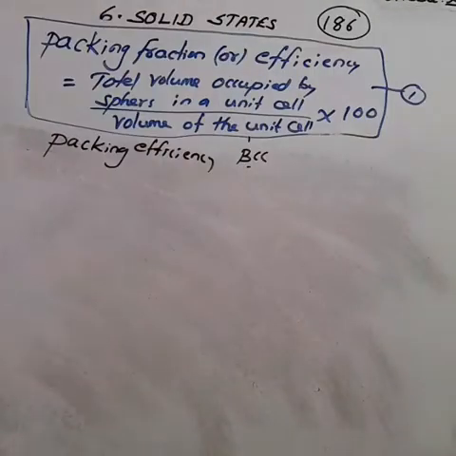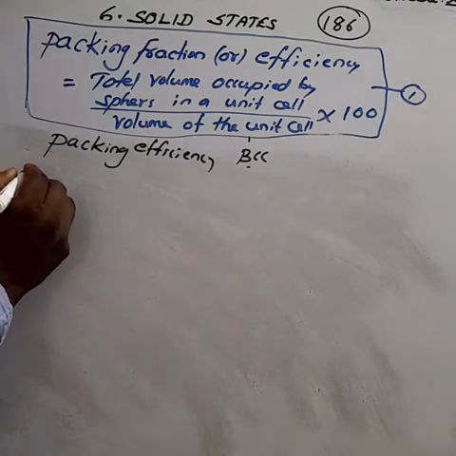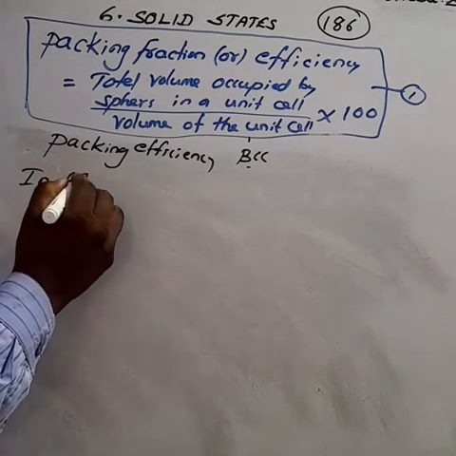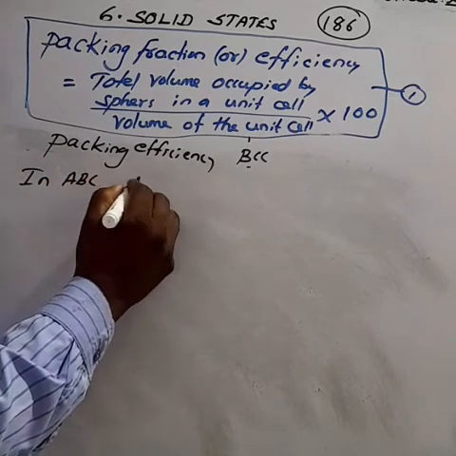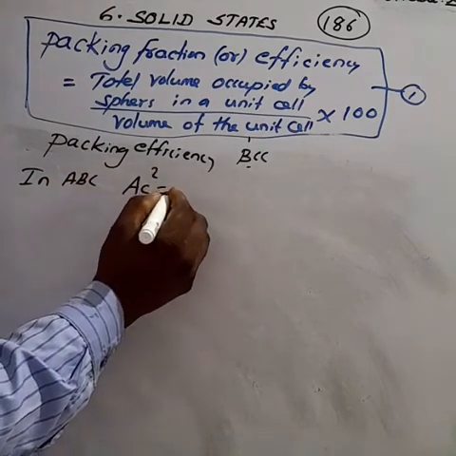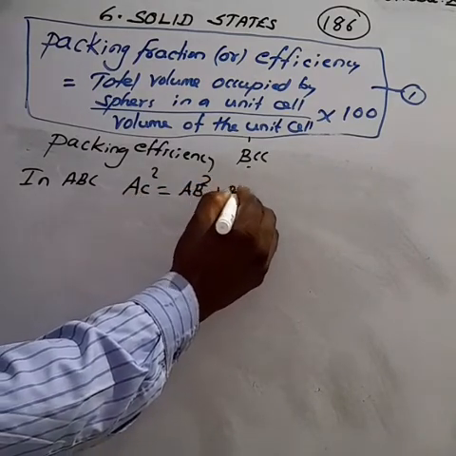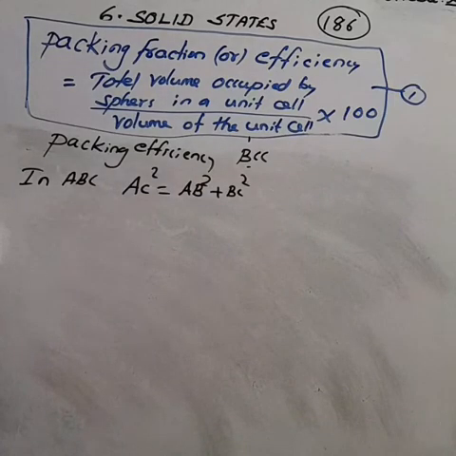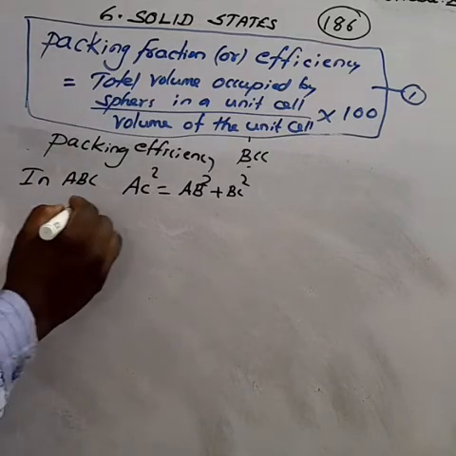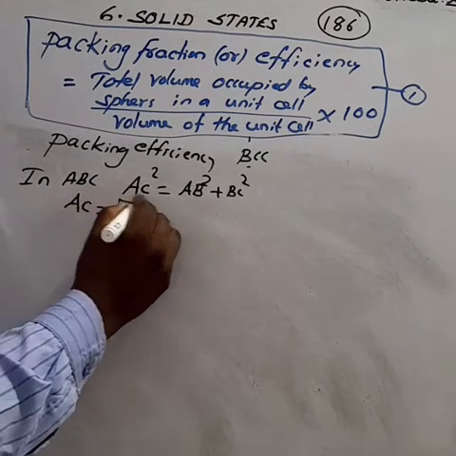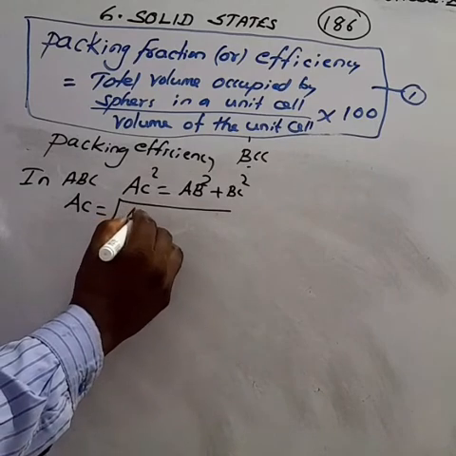We can write, in triangle ABC, AC square is equal to AB square plus BC square. Can you understand? Otherwise, AC is equal to root of AB square plus BC square.